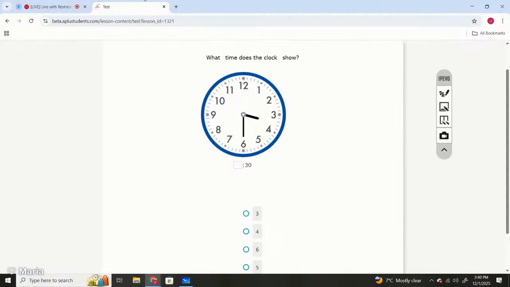That is 3:30. The correct option is 3:30.